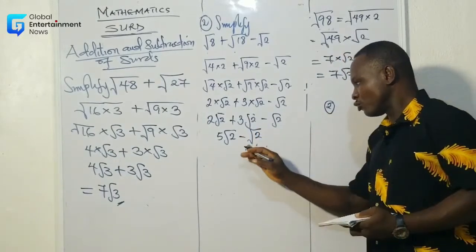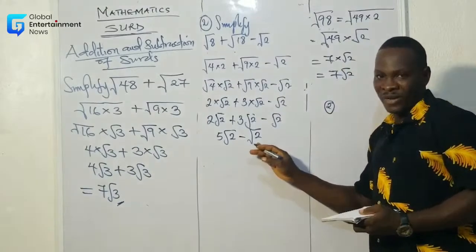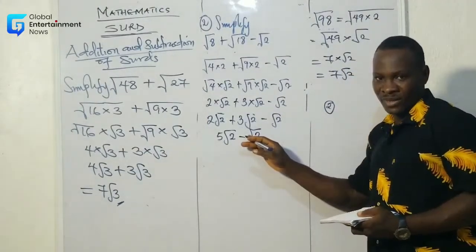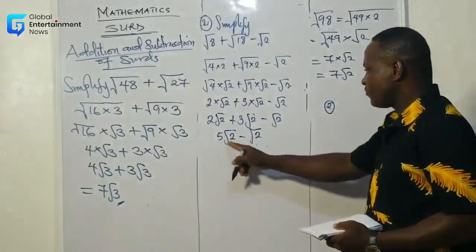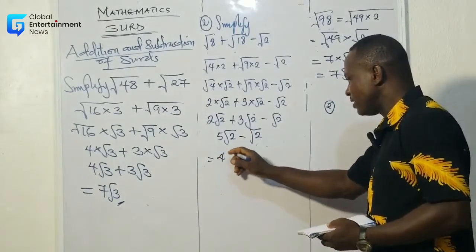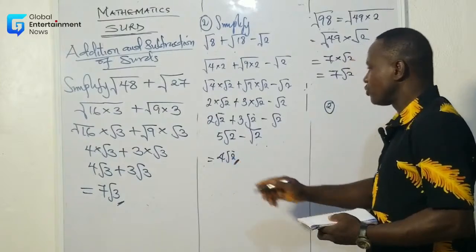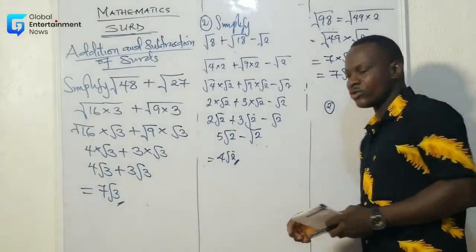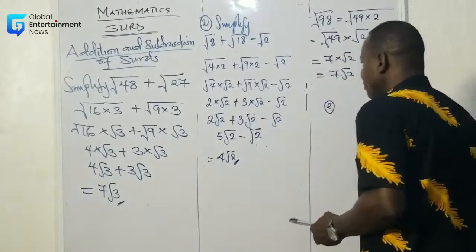Remember, this root 2 that is independent has a 1 here. You remember? Okay. Now, 5 root 2 minus 1 root 2 is, my final answer, 4 root 2. Okay?